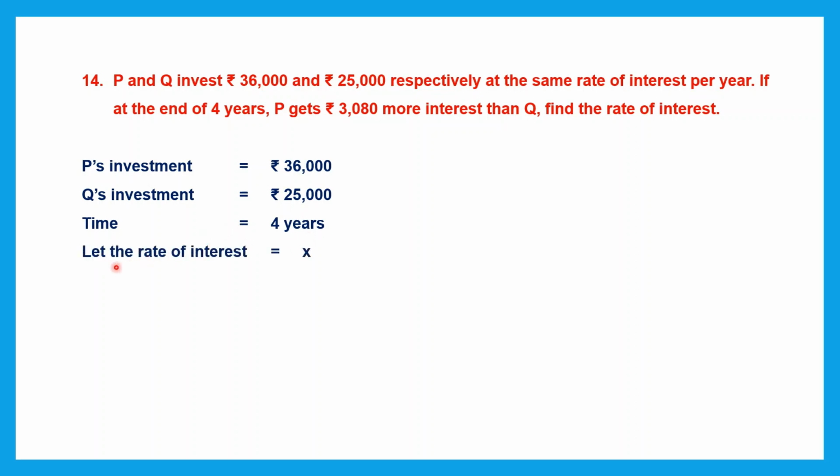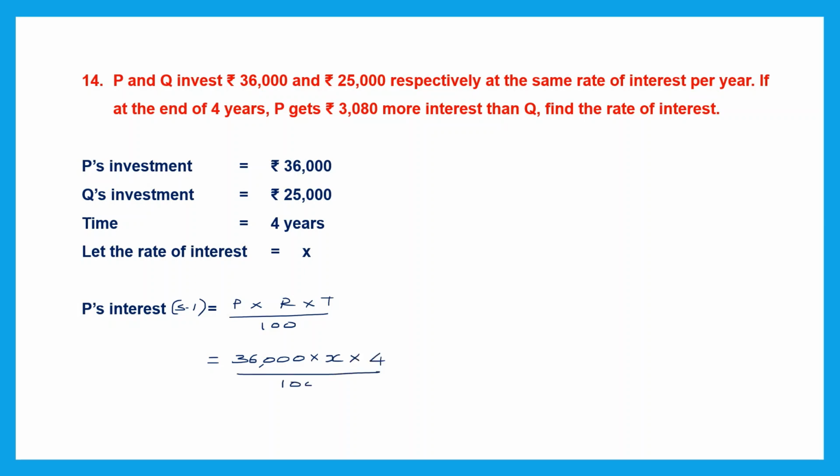Then let us consider the rate of interest to be X. So P's interest, that means we are talking about the simple interest. What is the formula? P into R into T divided by 100. The principal is already given to us, 36,000 into R, which we don't know so we are making it X, and time is given to us as 4 years. And all this is divided by 100. Now let's remove the zeros.